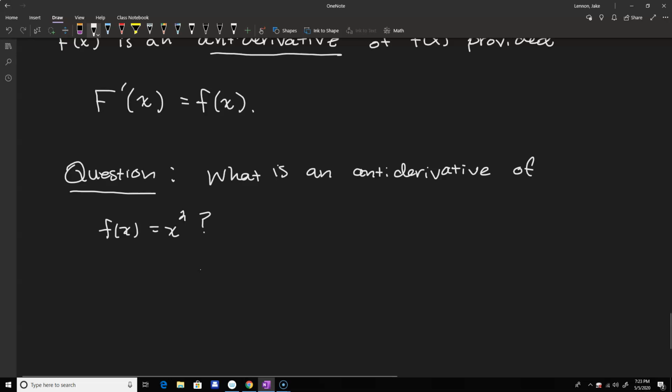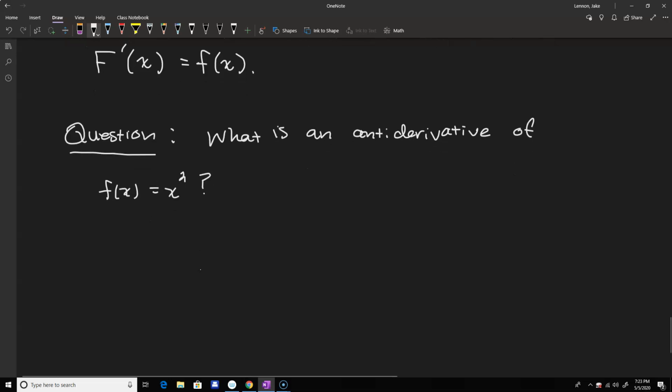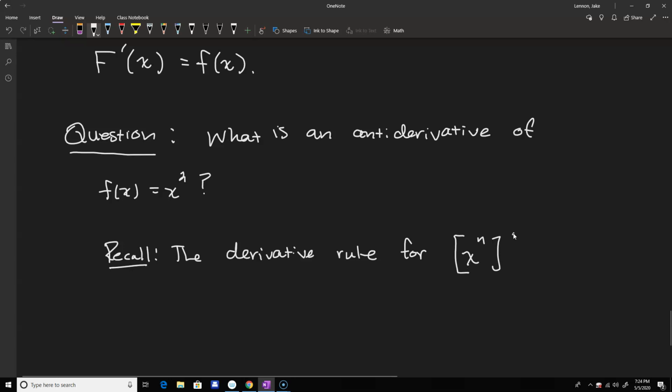Let's recall the derivative rule for x to the n. If you take the derivative, you bring down the exponent n, and you then lower the exponent of the monomial by 1.